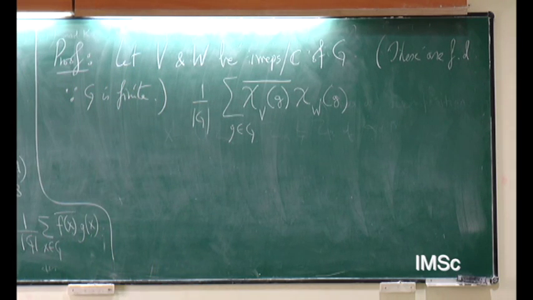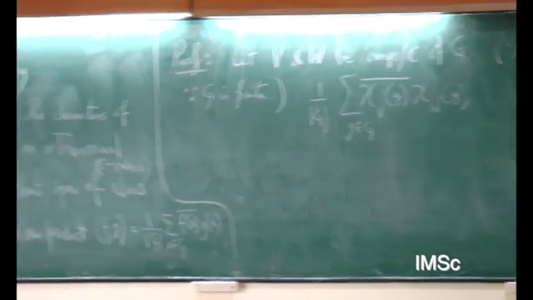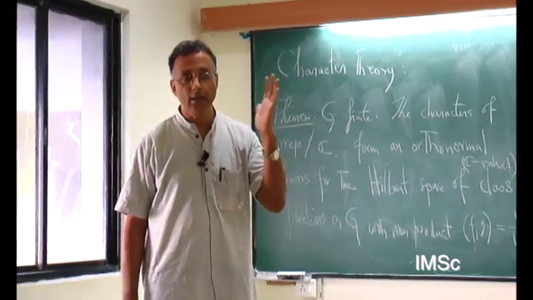This is what I'm supposed to compute, and I must show that it is either 0 or 1 depending upon whether V is isomorphic to W or not, meaning as a representation, as a G-representation. Correct? That's one. Are we done if we do that?